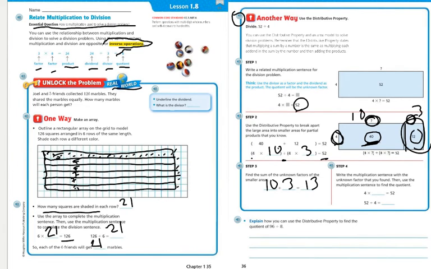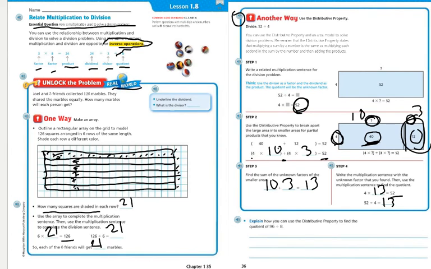So if I'm going to write a multiplication sentence for the unknown factor that I found, I'm going to use 4 times 13 equals 52. So 52 divided by 4 is 13. So breaking the problem apart into smaller pieces, taking that larger quotient and breaking it into pieces that I know, makes the problem a lot easier.